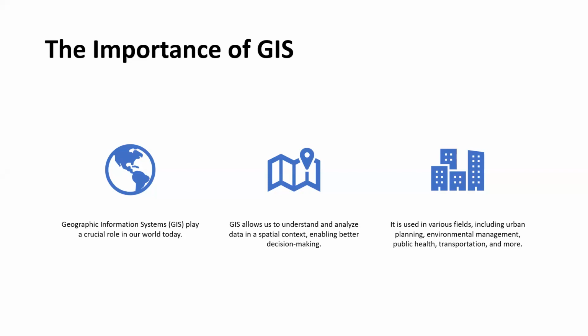So GIS is used in urban planning, environmental management, public health, transportation. Transportation is in the sense that it's only in Nigeria that GIS is not really a welcome technology. It's not really an embraced technology as it is in the Western world. Because in the Western world, there is something they do, they call it routing analysis.